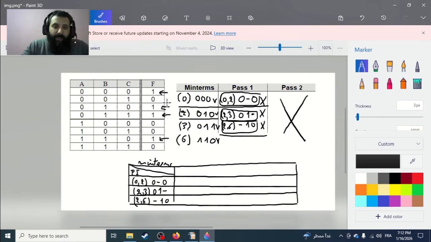How many min terms do we have? We have 4 min terms. We have the 0, we have the 2, we have the 3, and we have the 6.